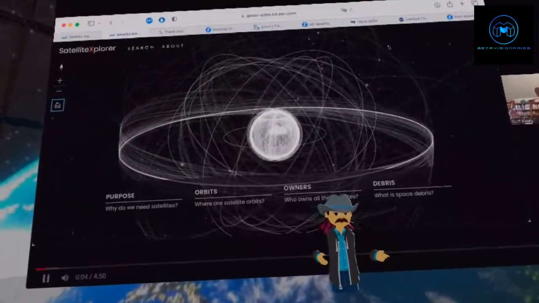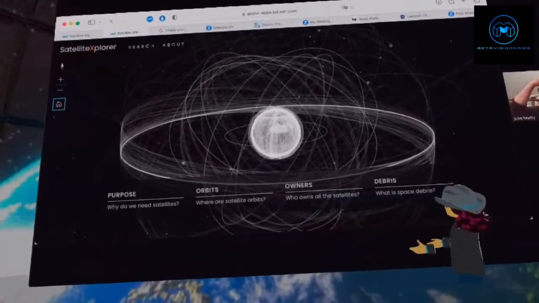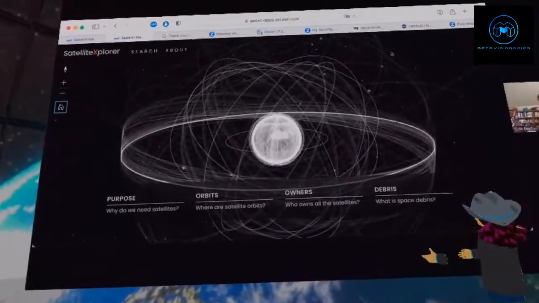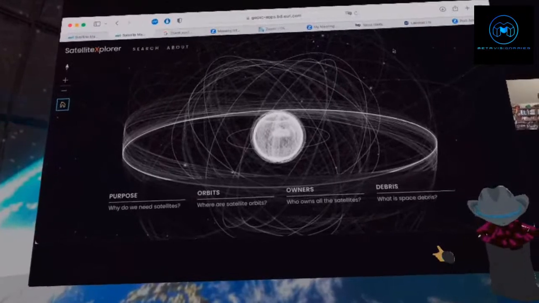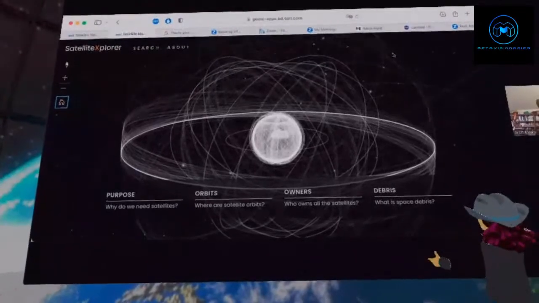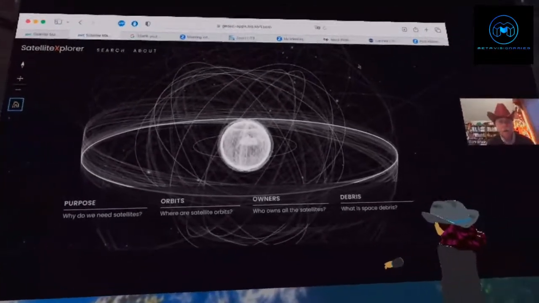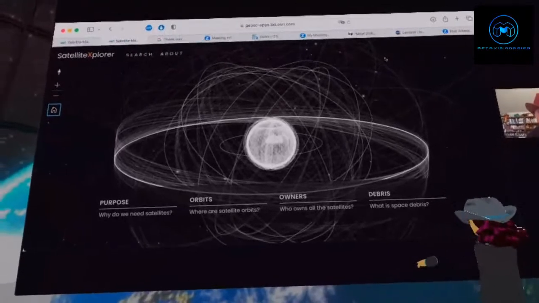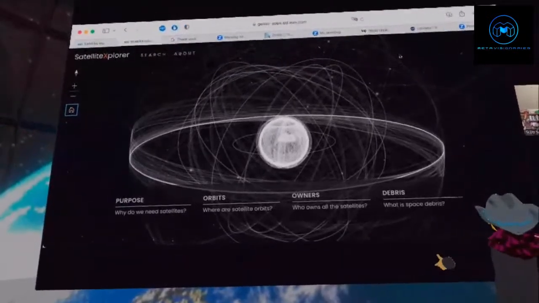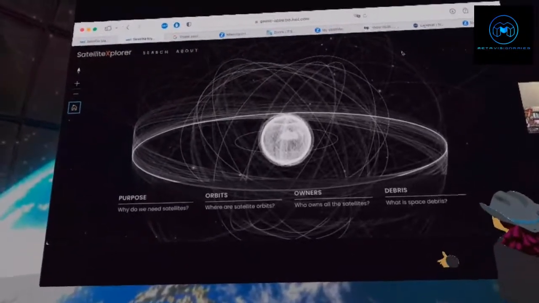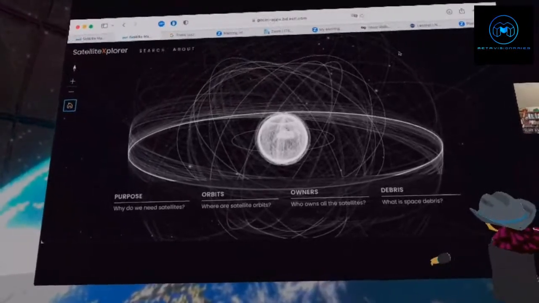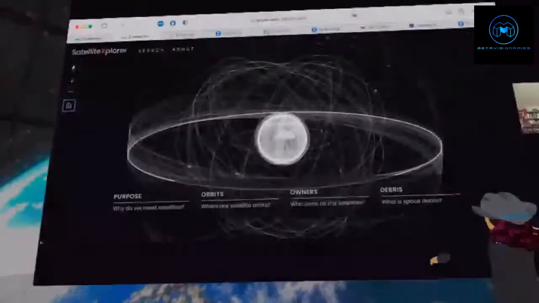Hey, everybody. It's the real me here. This is the real Scott, a very good avatar. So I wanted to share with you this really exciting website that I think will be very useful for all of you. It's freely available, and it tells us all about all of the satellites that we have in orbit around the Earth today. You can see the web link there, and what they've done is they've taken all the ephemeris data from all the satellites, put it in here, and added some really nice educational content too.